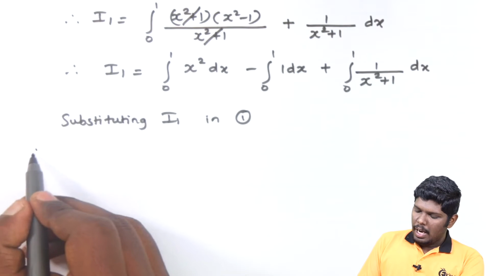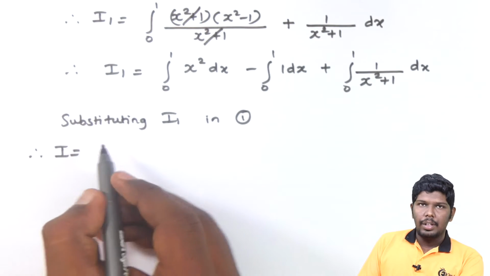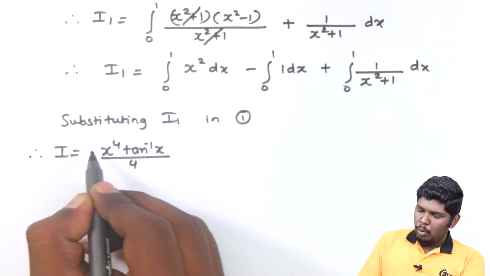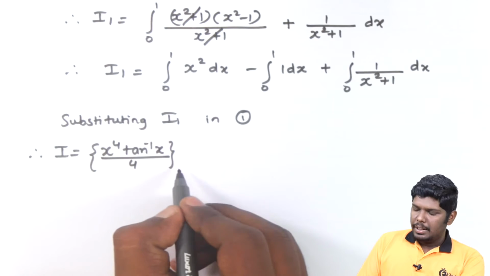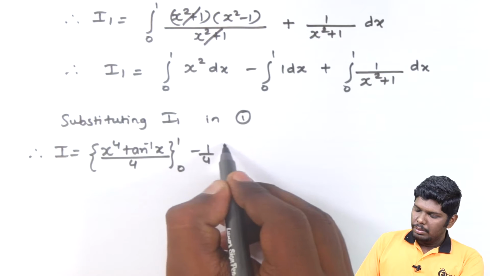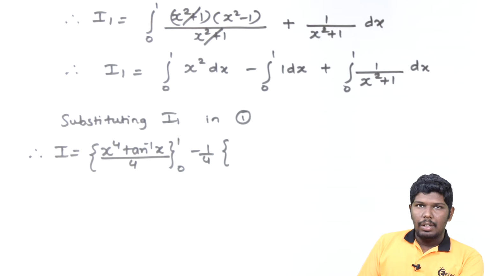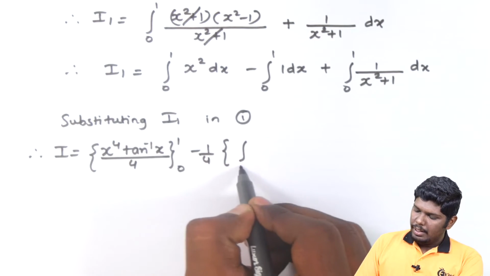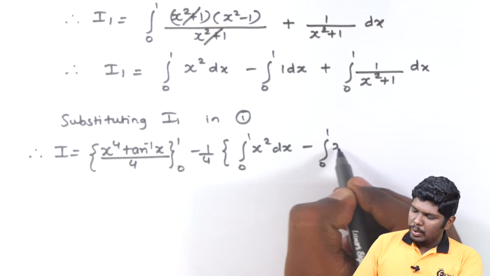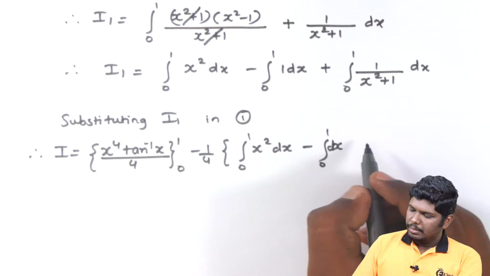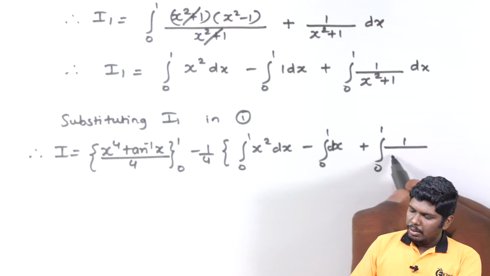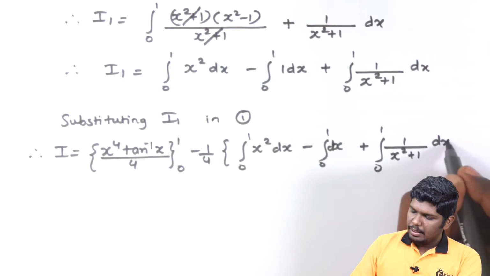This will give you I is equal to x raised to 4 tan inverse x upon 4 within limits 0 to 1, minus 1 by 4 into the value of I1, which is integral 0 to 1 x square dx minus integral 0 to 1 1 dx plus integral 0 to 1 1 upon x square plus 1 dx.